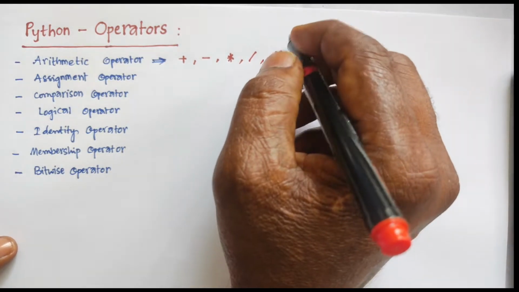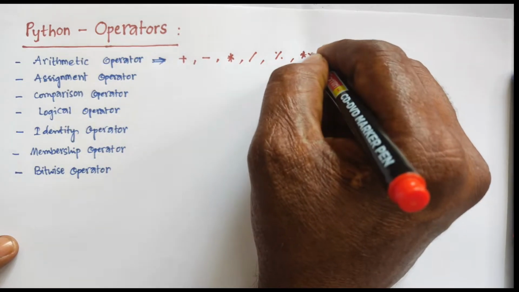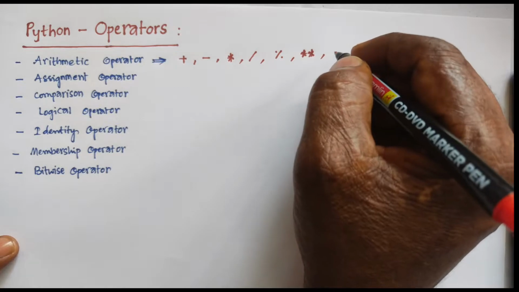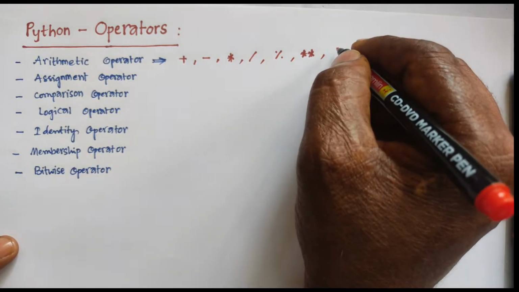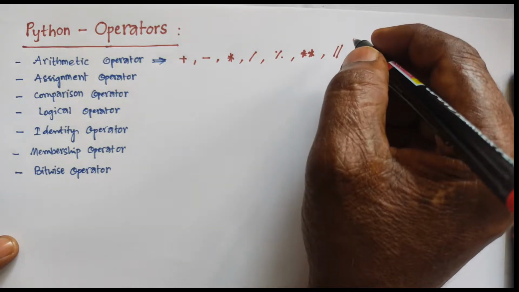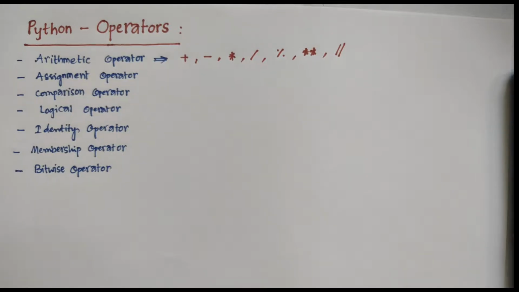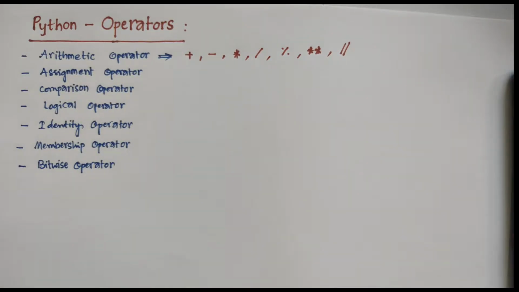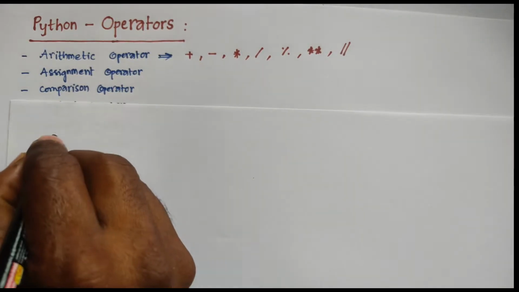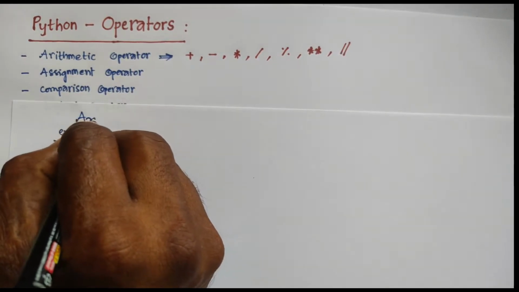This symbol is for modulus, double star is for exponentiation, and the next one is double slash, which is used for floor division. So, these are the arithmetic operators for Python.